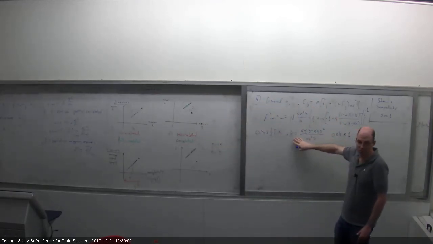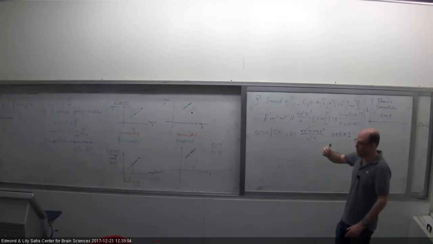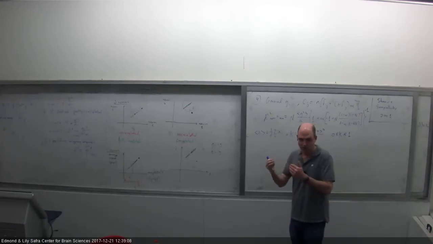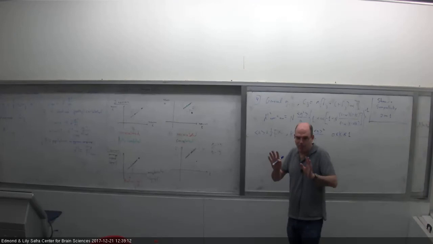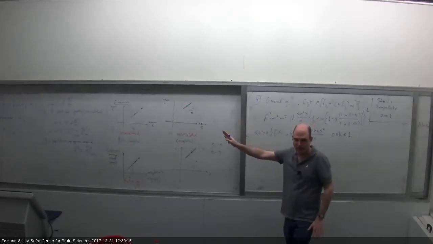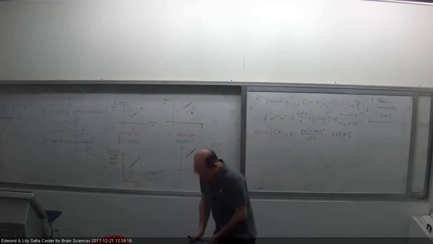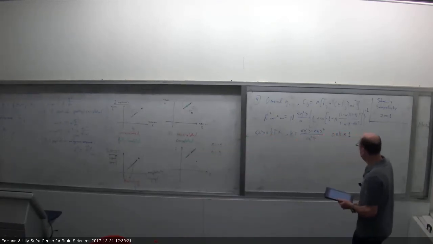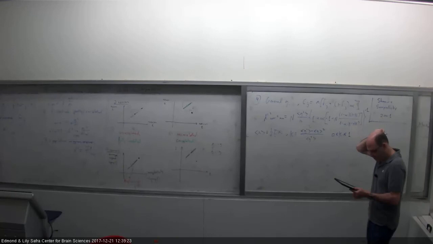It has nothing to do with G. It is true that if G is the same for all neurons, then if you change theta, the neurons will change in a correlated way. So it's two different types of things. One is how theta affects the response, and the second is how the neural variability affects the response. Okay. Anyway, kappa is between 0 and 1.